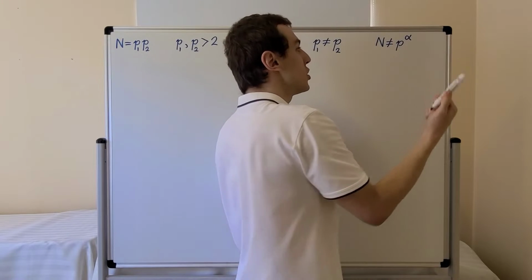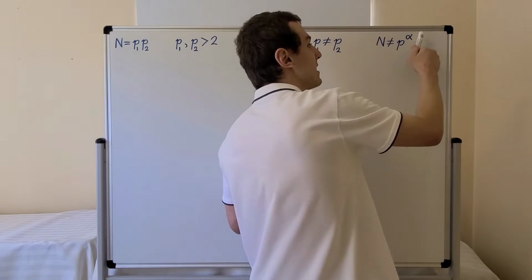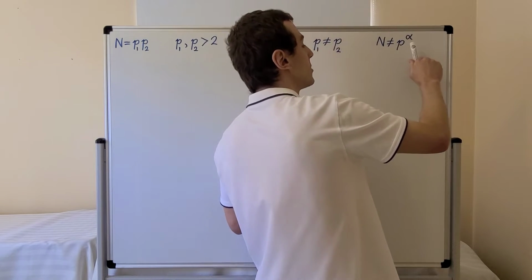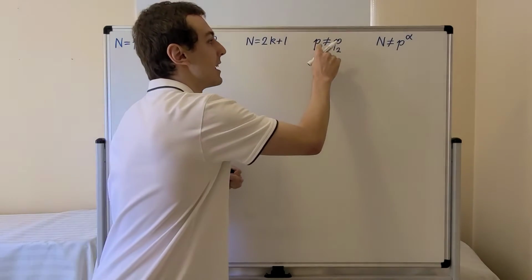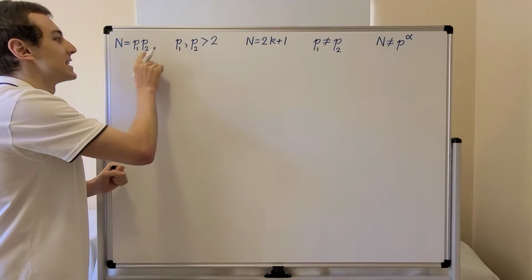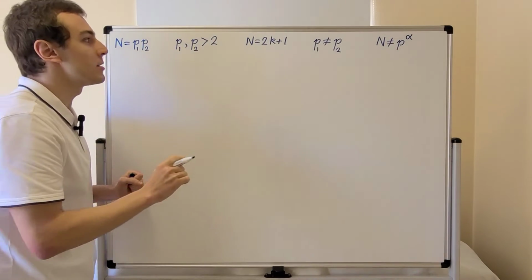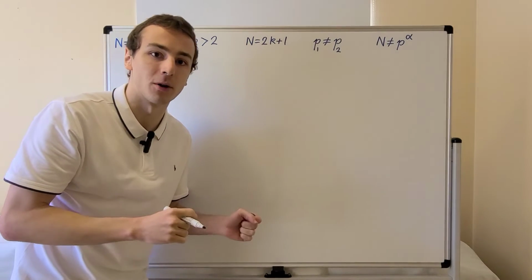If alpha is equal to 2, then we would have the square of a prime number. And we don't want squares of prime numbers. We don't want any powers of prime numbers, because then this would not be distinct. So we want these prime factors to be distinct. And we also want them to be greater than 2, so that we're dealing with an odd number.